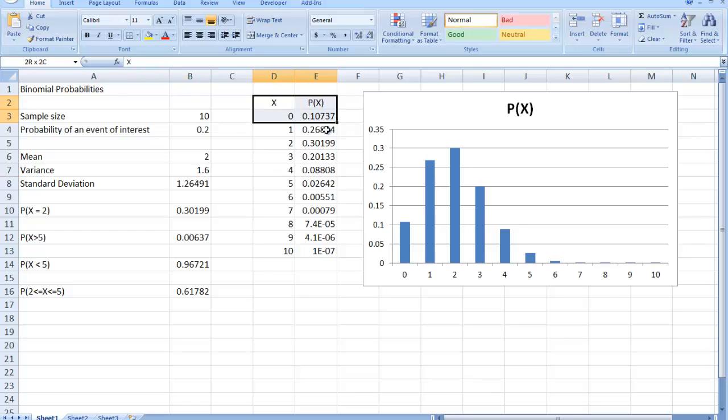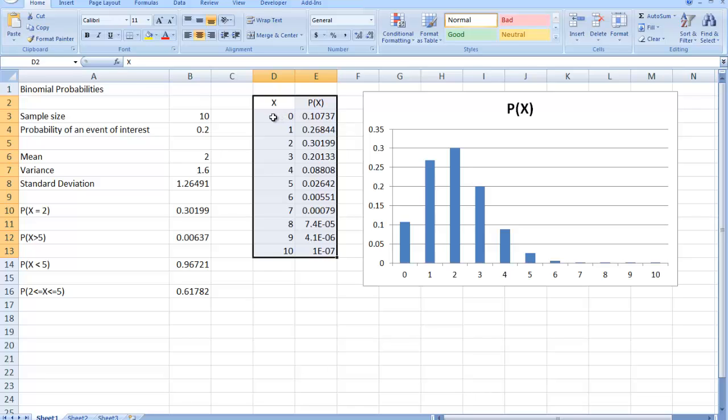Over here we have different x values that could be taken and the probability that those x values occur. So if I have a sample size of 10 and the mean is 2, then on average 2 out of that 10 would have the event of interest occurring.